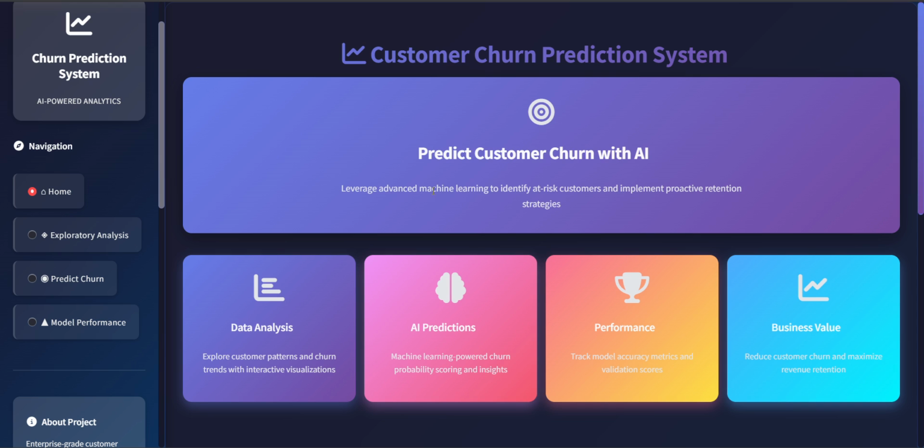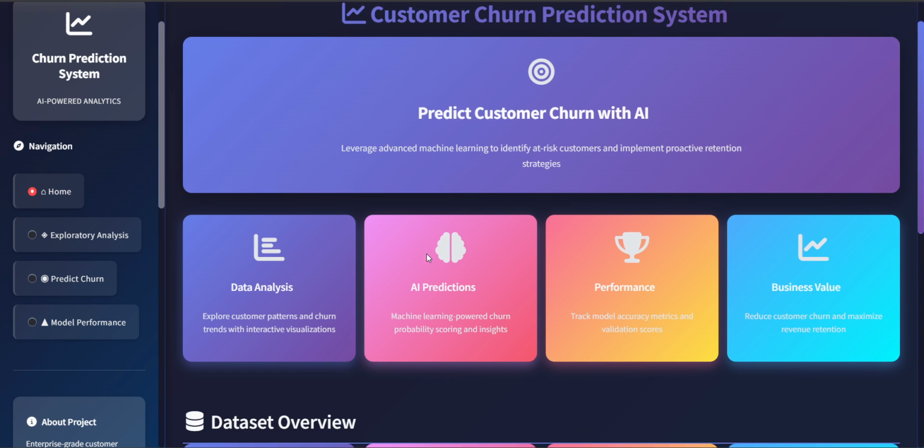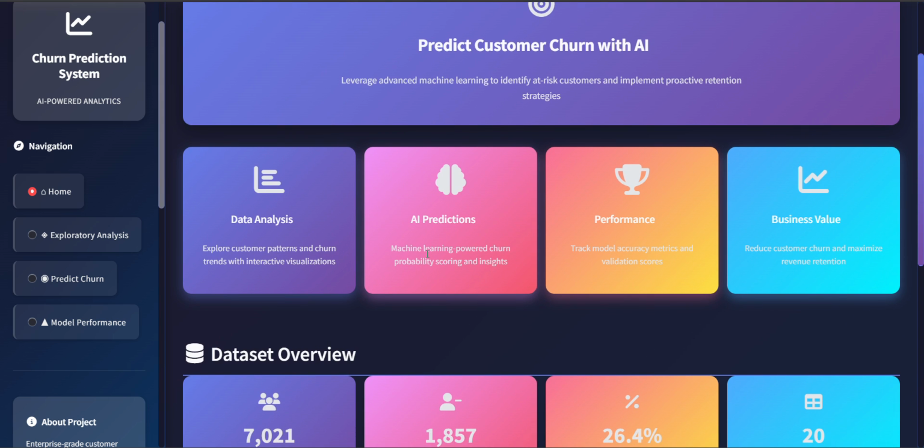Under the hood, I'm using ML with Scikit-learn, including preprocessing pipelines, hyperparameter tuning, etc. Everything is version controlled on GitHub, and the project is available on GitHub, and it is also ready to be deployed.